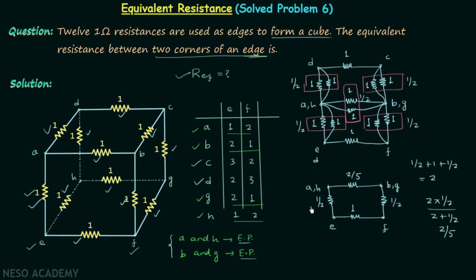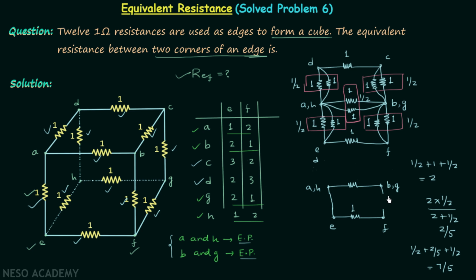Now you can see that half ohm, 2/5 ohm and half ohm are in series. So 1/2 plus 2/5 plus 1/2. When you solve it, you will get 7/5. So we will have a single resistor having the value 7/5 in place of 3 resistors connected in series.